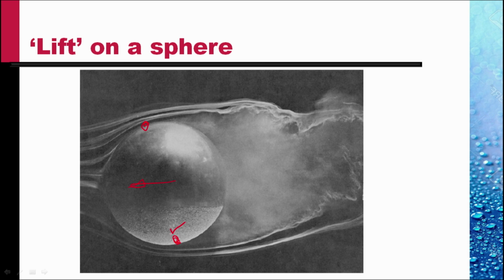And therefore, a top and bottom asymmetry develops in this flow. The airstream is shifted up a little. That means a force is being applied on the fluid, on the air, upwards. And the reaction of this is a force on the sphere, the ball, which is downward.